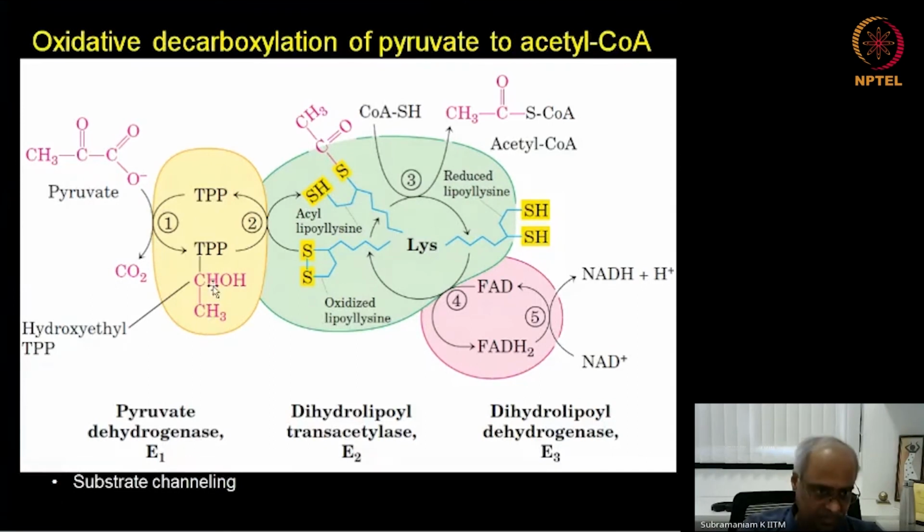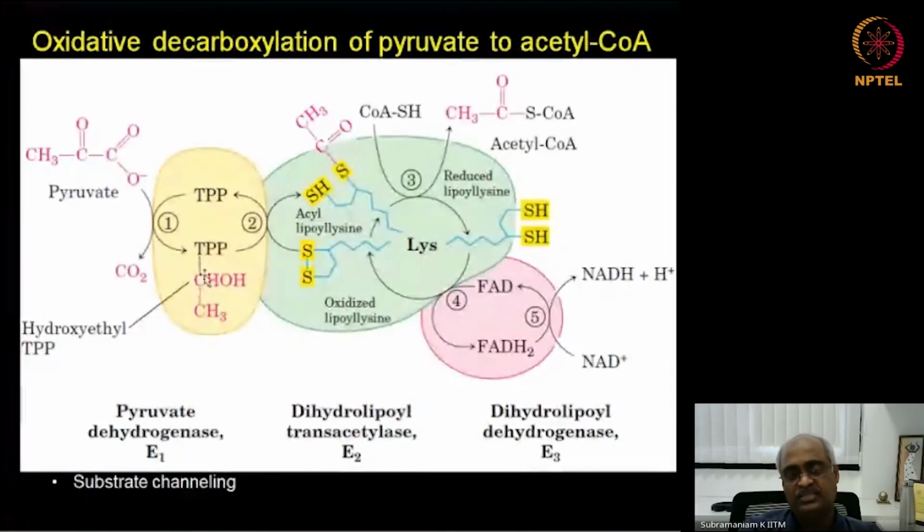So here from the pyruvate dehydrogenase, this group is transferred in the form of acetyl, meaning this aldehyde gets oxidized into acid group, carboxylic acid. And the electrons transferred have gone into reducing this disulfide into two thiol groups, and one of the thiol groups now becomes in ester linkage with the oxidized aldehyde carbon here.